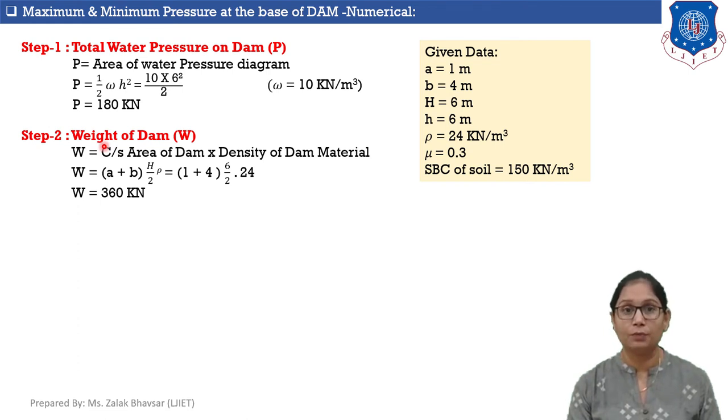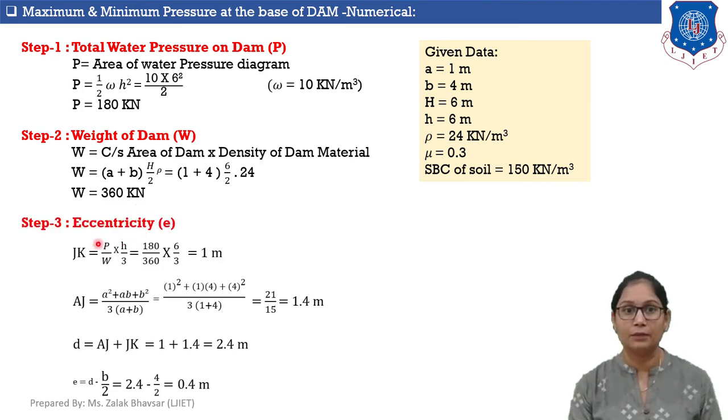We will calculate the weight of the dam, capital W, which is equal to (a plus b) into H by 2 into rho. The value of small a is 1 meter, b is 4 meter, height of the dam is 6 meter by 2, into density of dam material, which is given as 24 kilonewton per meter cube. So I am getting capital W equal to 360 kilonewton.